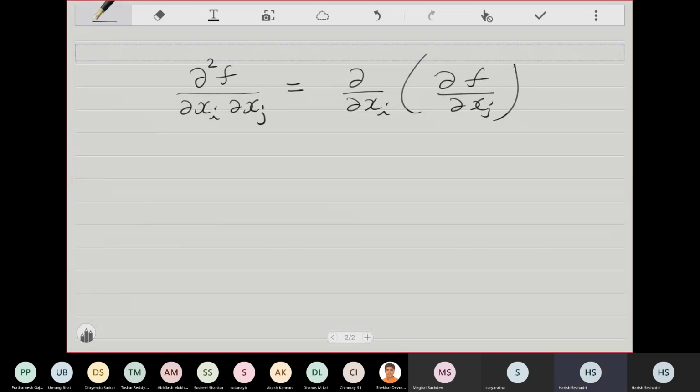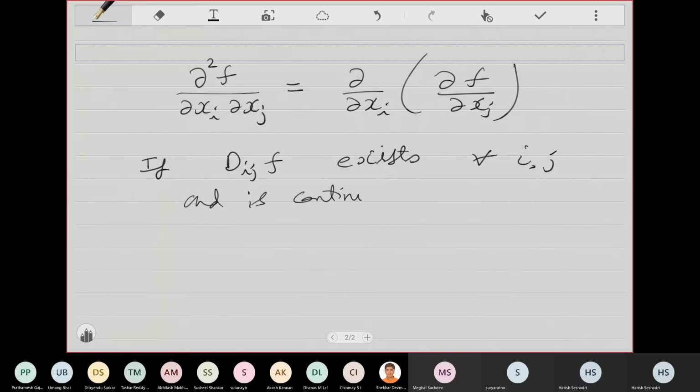Now, if all the second order partial derivatives, for all i, j, exist and are continuous, we say that f is C2.